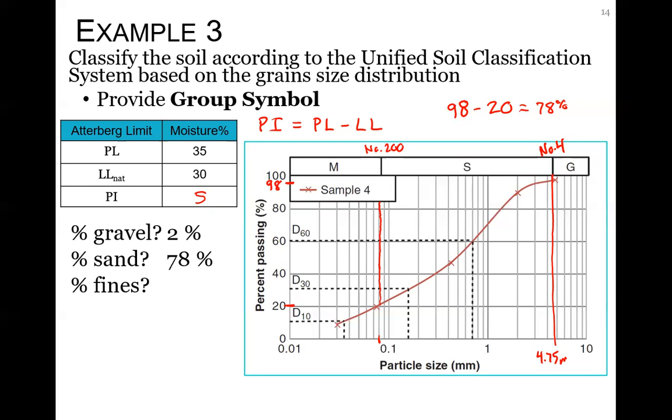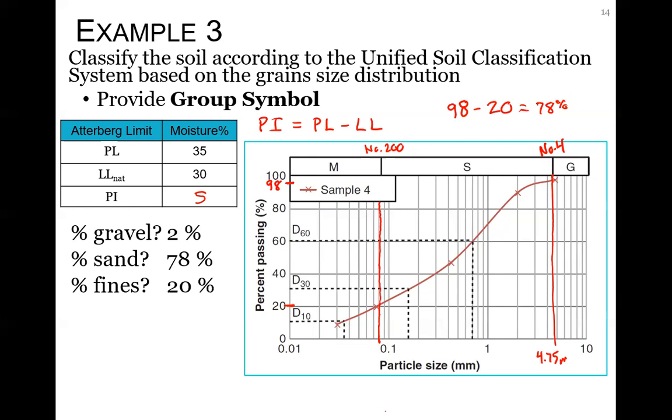And then everything would just be 20 minus 0, and that would be 20% for our fines. So make sure you're able to read these types of gradation charts and see how each gravel, sand, and fines are distributed along a chart like this from the x-axis.